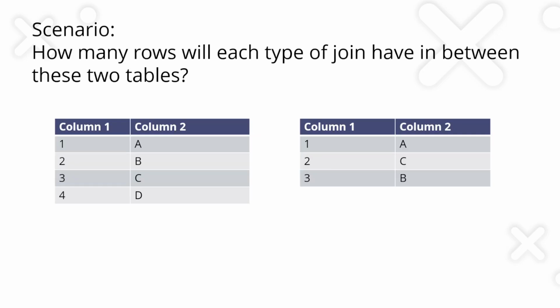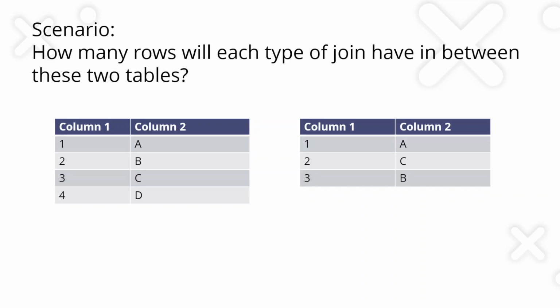How many joins are there in Power BI? So in Power BI, we have six types of joins: the full join, inner join, left join, right join, left anti, and the right anti. How many rows will each type of join have in between these two tables?